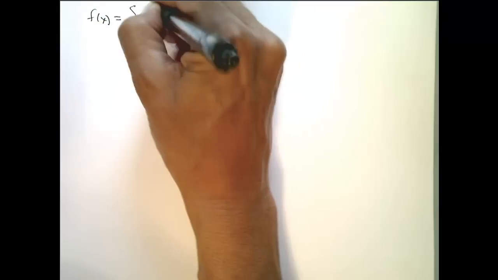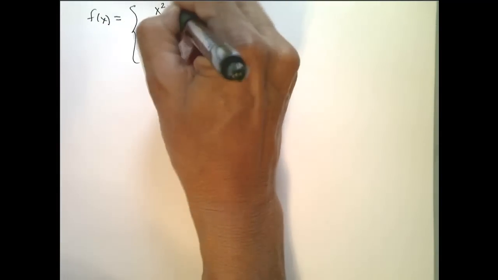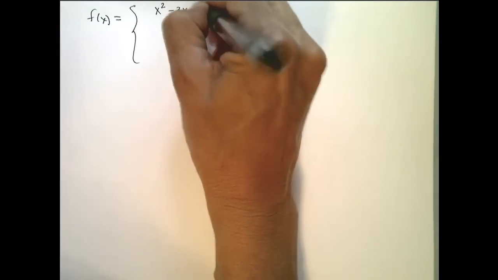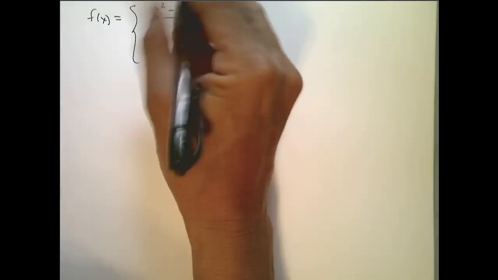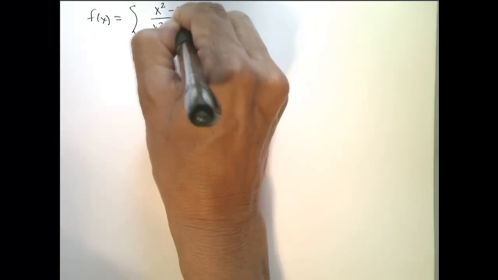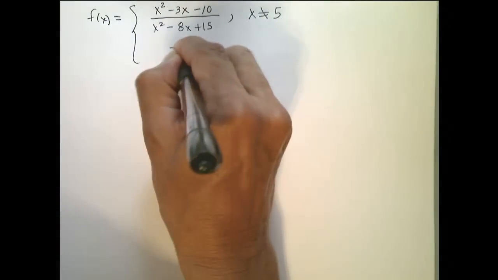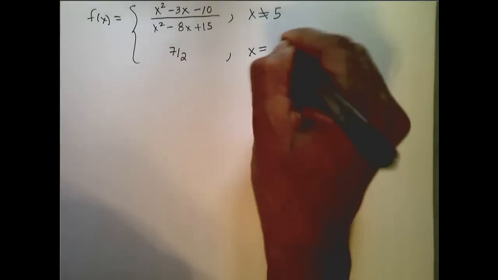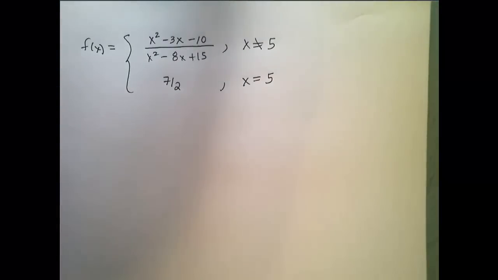Let's look at this function. f of x equals x squared, and this might look familiar, minus 3x minus 10 all over x squared minus 8x plus 15, as long as x is not 5, and it's equal to 7/2 when x is 5. Okay?